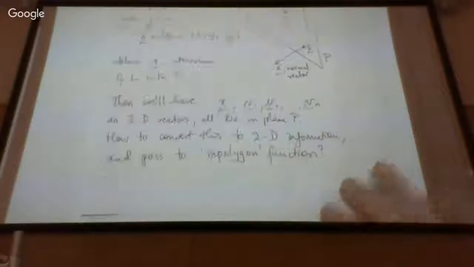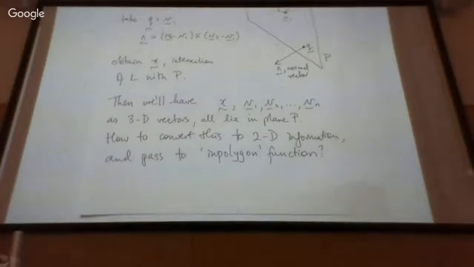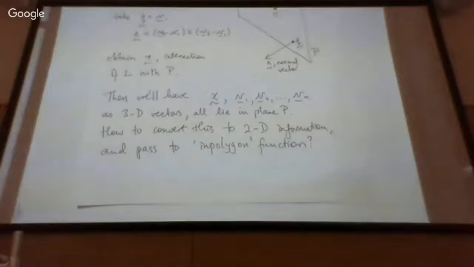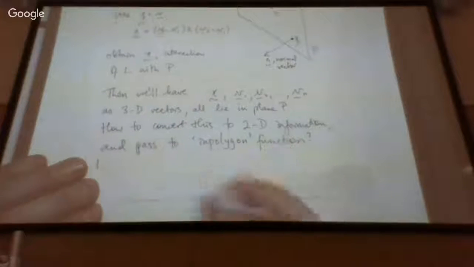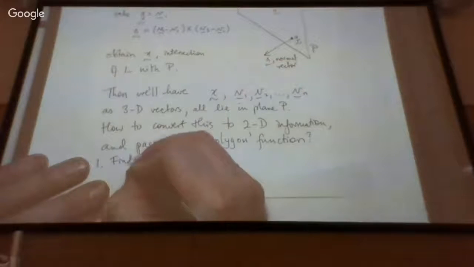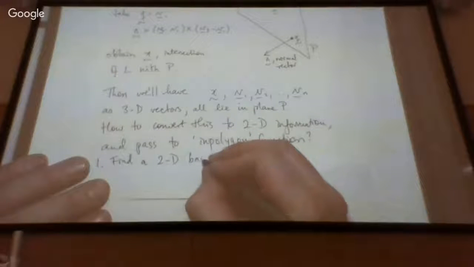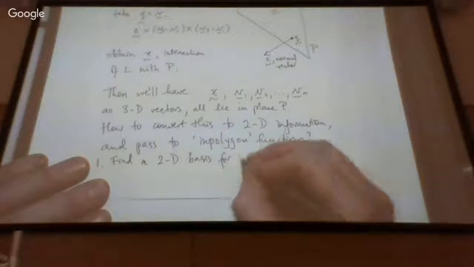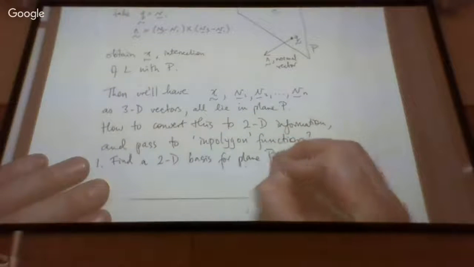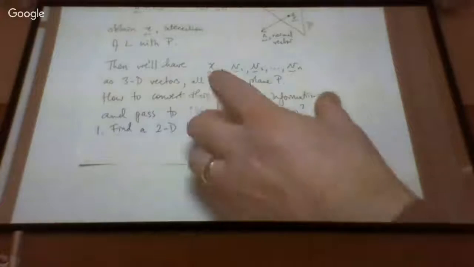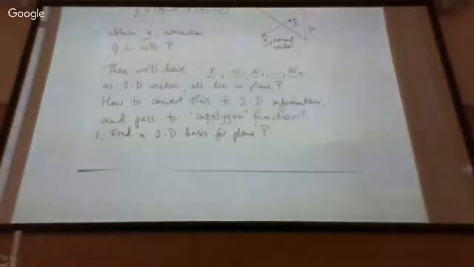Well, this shows an application of some of the things you've been doing in mathematics as well. The process will be to find a basis, a two-dimensional basis for the plane P. Because all these things, x, v1 to vn, are three-dimensional vectors, but they are all living inside this plane.